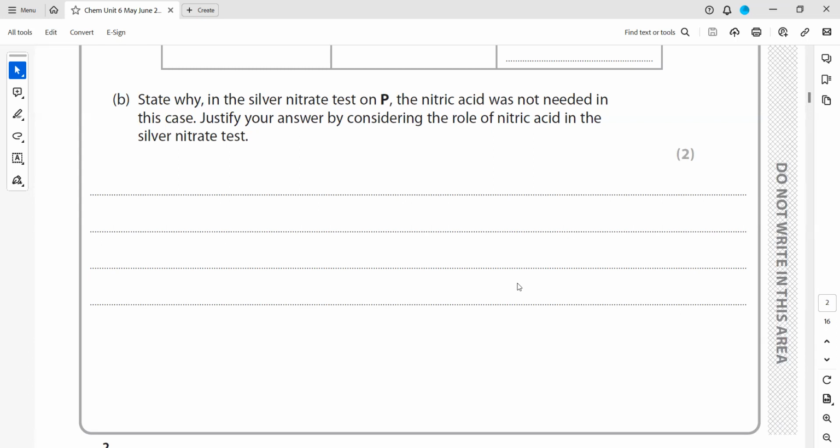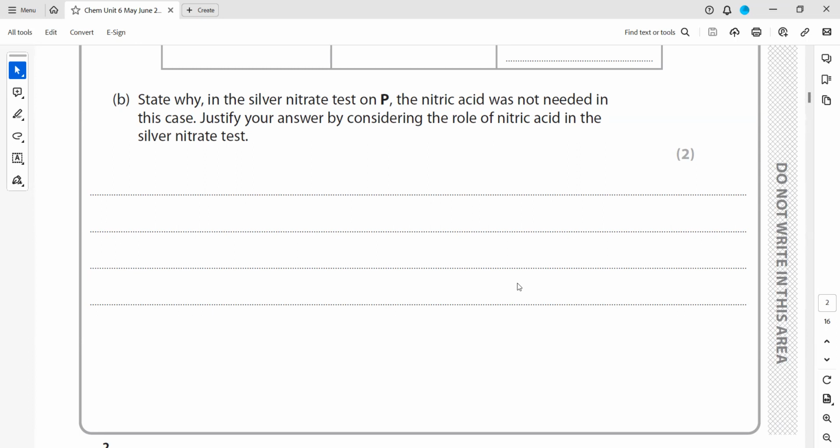The nitric acid is mainly used to remove any interfering ions, such as carbonate or hydrogen carbonate.